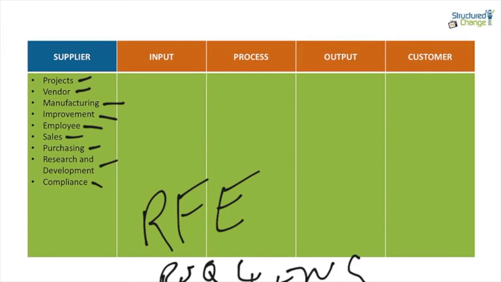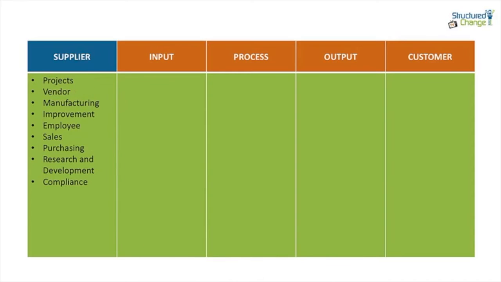The problem is that when they set it up a few years ago, instead of having all requests go through it, they only chose the engineering specific ones. And what that meant was they really limited it to things like sales, purchasing, R&D, and compliance.